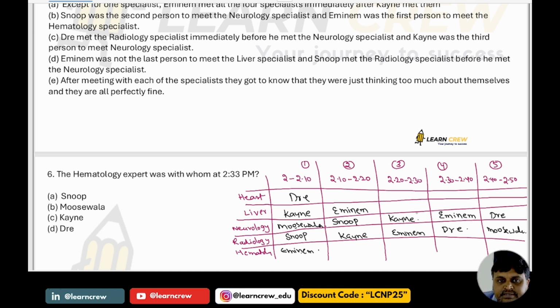And please see here, is there any other thing we can use? Eminem was not the last person to meet the liver specialist, and Snoop met the radiology specialist. It's over. And DRE met the radiology specialist immediately before he met neurology. Kane was the third person. Now here Eminem is fixed, Snoop is fixed, Kane is fixed.